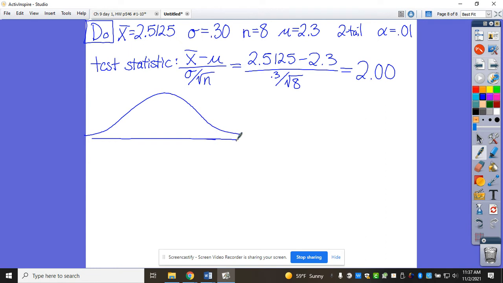All right, so without thinking, where do I draw a line? What kind of number is that? But the next question I ask myself after I draw a line is what? Where do I shade? So, where do I shade if it's two-tailed?